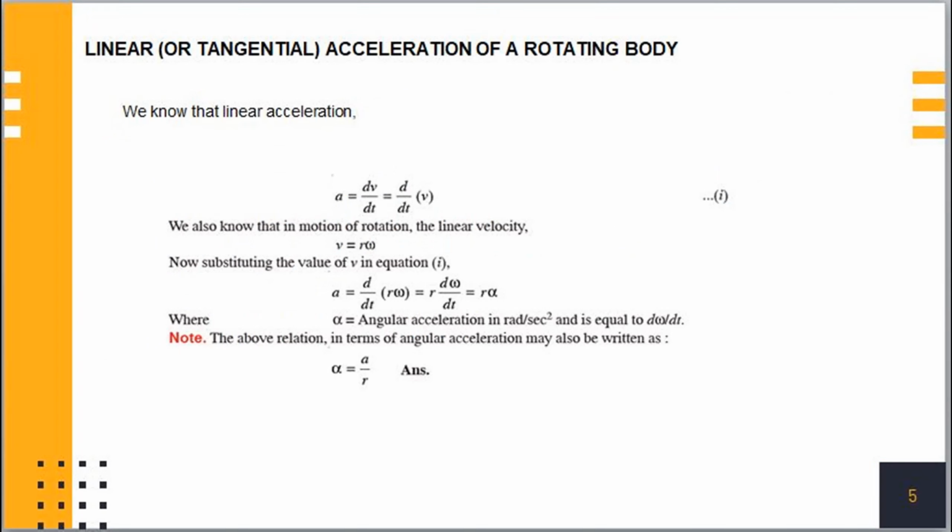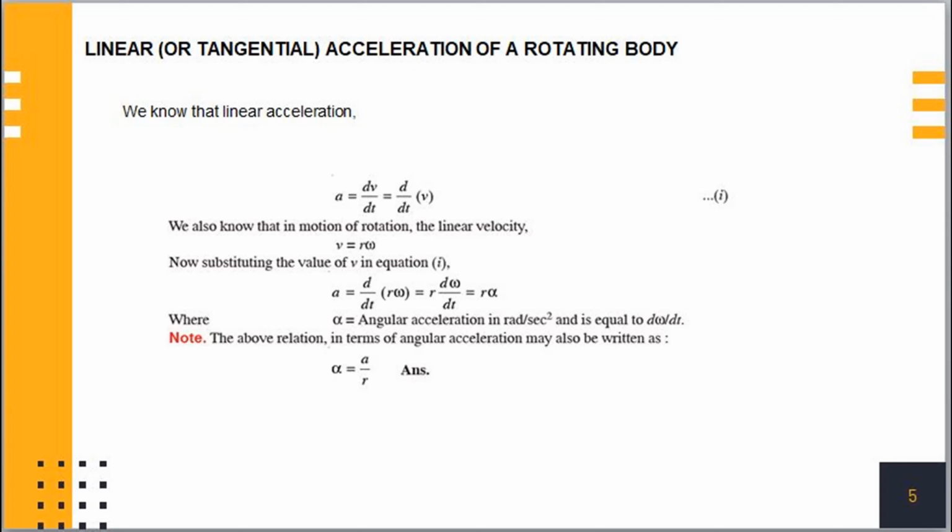Linear or tangential acceleration of a rotating body. Consider a body rotating about its axis with constant angular acceleration as well as linear acceleration. We know that linear acceleration a is equal to dv upon dt, which is equal to d upon dt into v. We also know that in motion of rotation the linear velocity v is equal to r into omega.